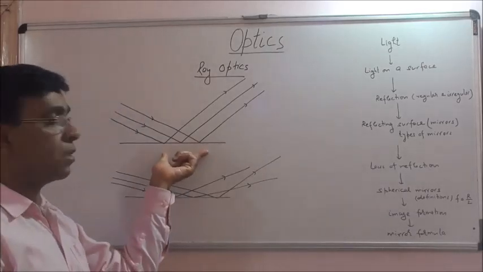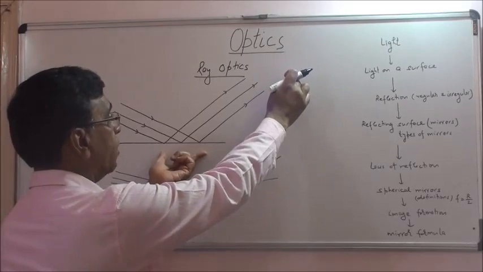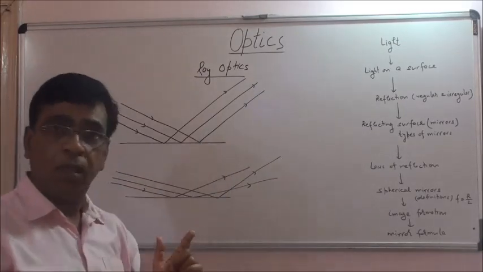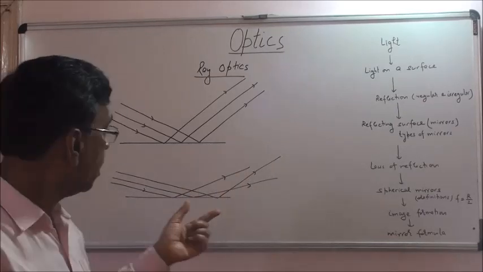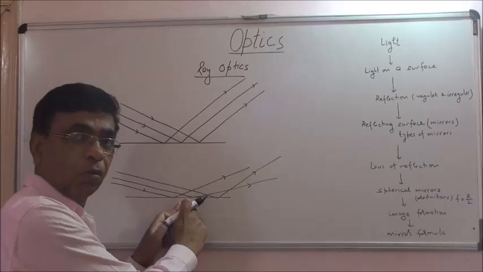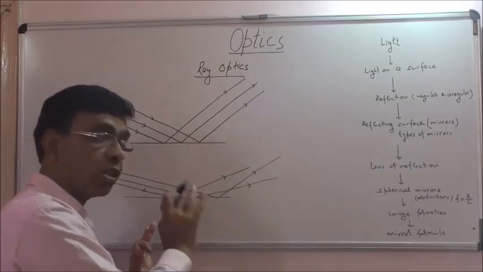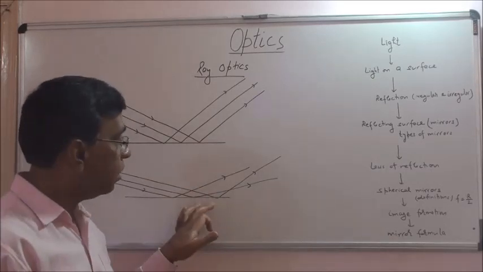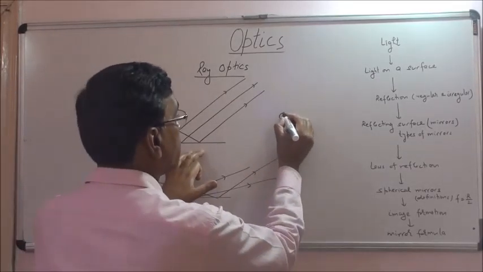In this particular case, if we are standing here, we will see our own image or even the source of light. But in this case, this surface will be visible to us. Okay, we will see only this surface. The source of light will not be visible. We cannot see our own image in this type of surface. This is an optically plane surface.